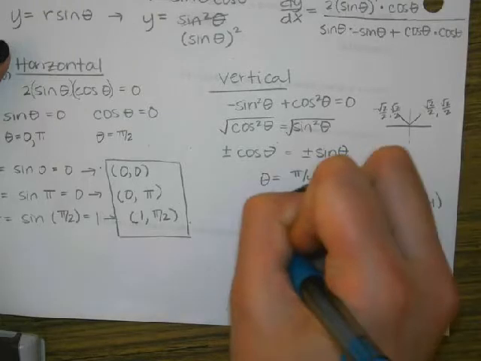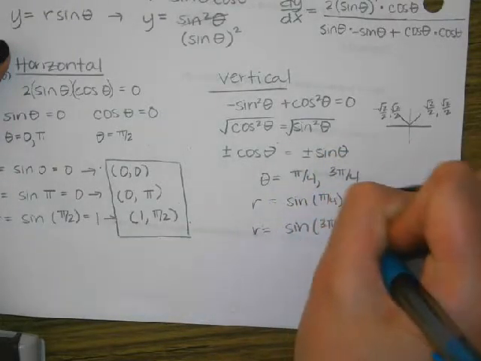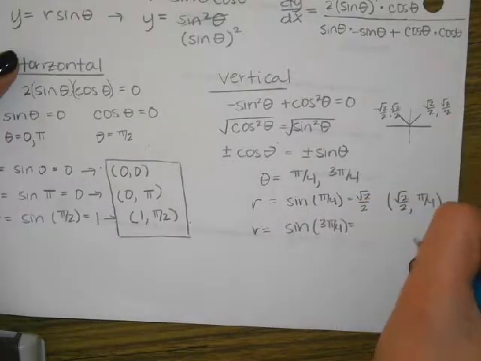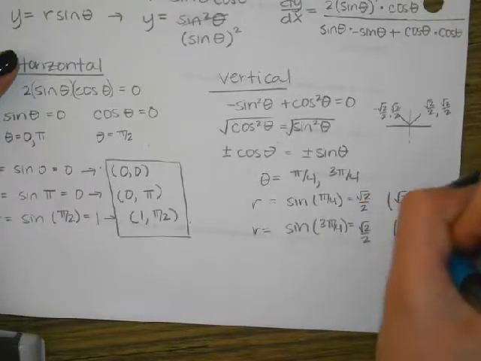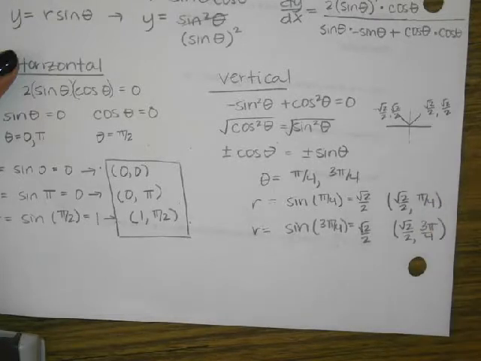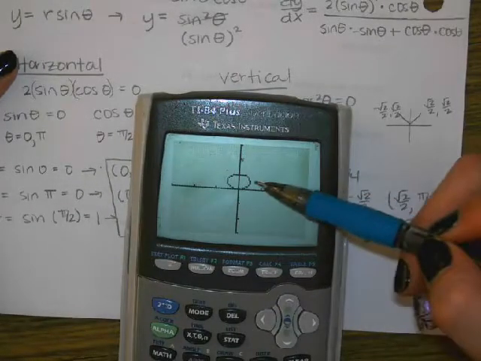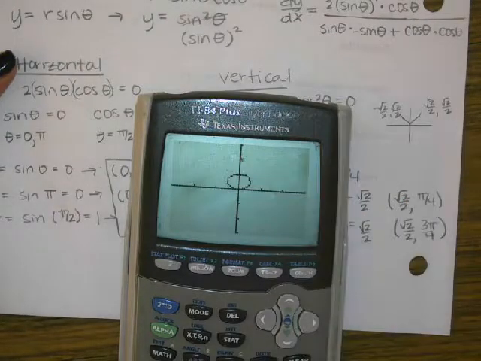And then the other one is r equals sine of 3 pi fourths, which is the same thing, also root 2 over 2. So root 2 over 2, 3 pi fourths. And so our vertical tangents are over on these sides.